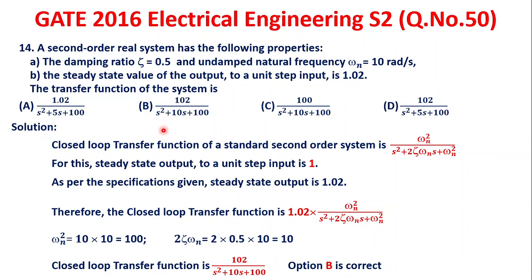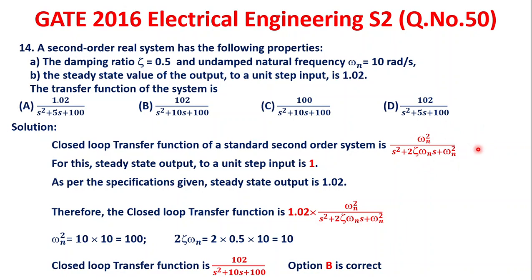We know very well that the closed loop transfer function of a second order system is given by omega n square by s square plus 2 zeta omega n s plus omega n square. Normally the steady state output to a unit step input is 1, because you can apply the final value theorem, and we would have seen for this it is 1 only.